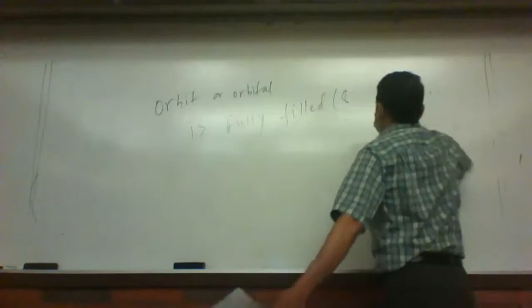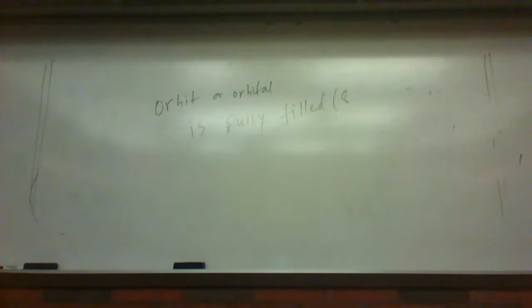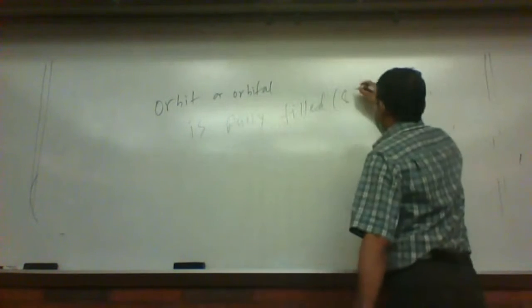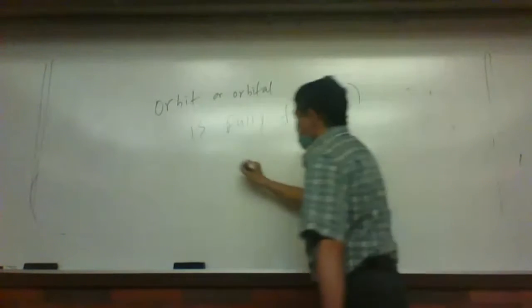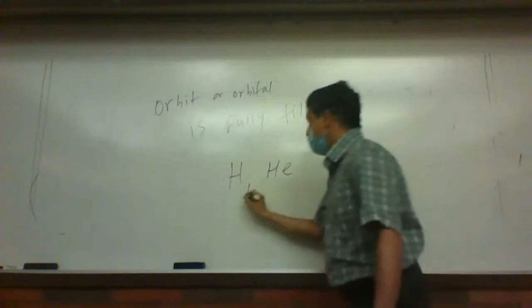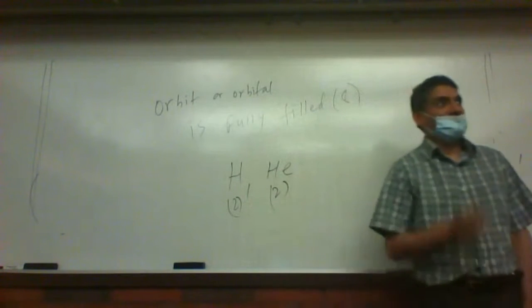Fully filled means 8 electrons. Although there is the 2n square rule I taught last time, don't go up to that, since 2n square is too big. Fully filled means 8 electrons or 2 electrons. In hydrogen and helium there is only 1 orbit, so fully filled means 2 electrons for hydrogen and helium.